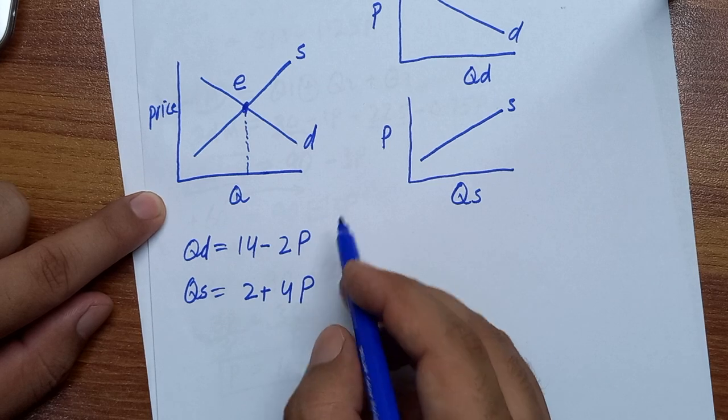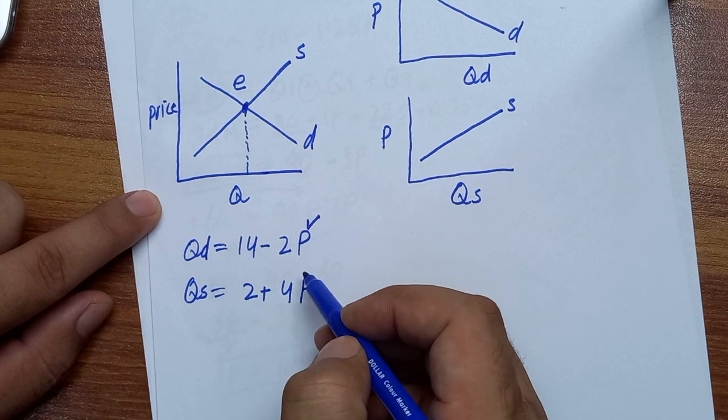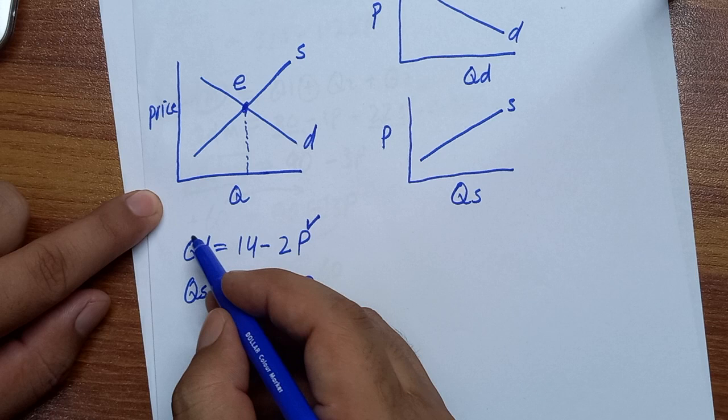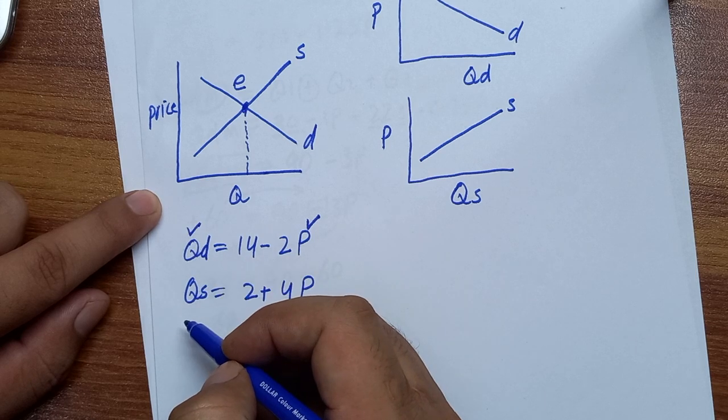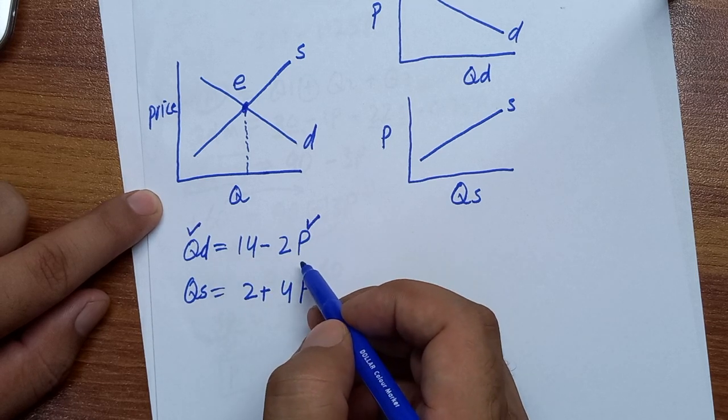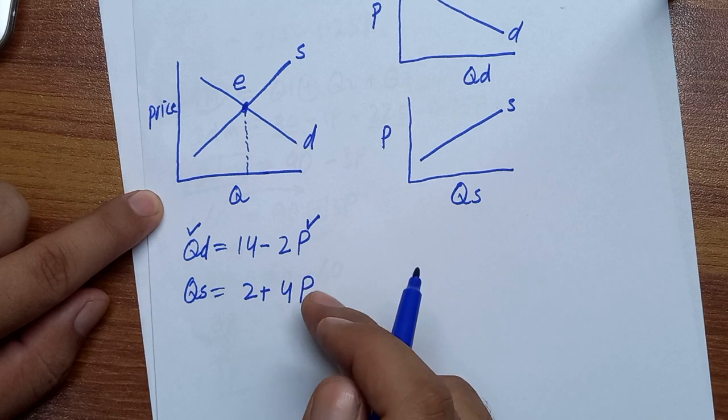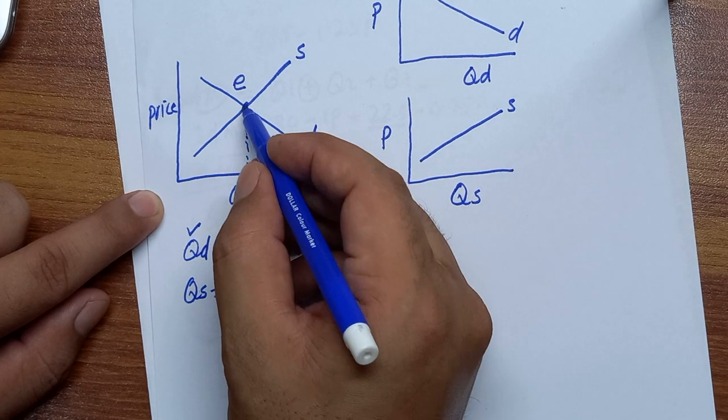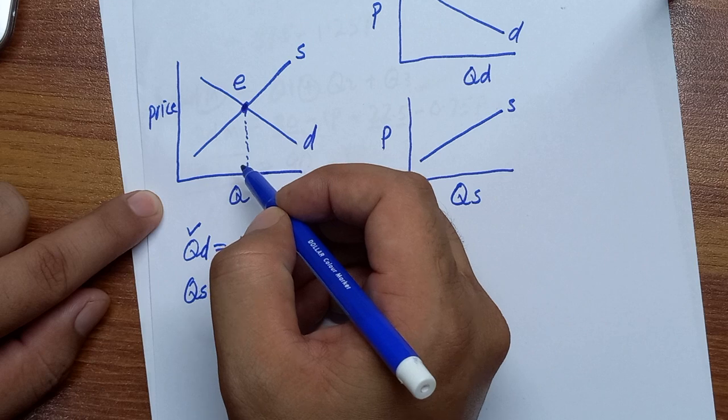Now we are going to find the price, and then we can find the quantity of demand. So first we should find the price. The price we can easily find at the equilibrium point.